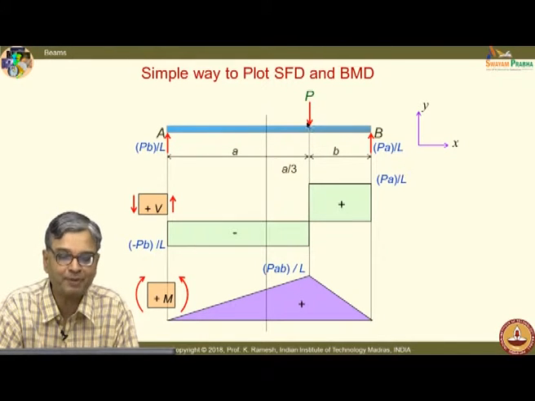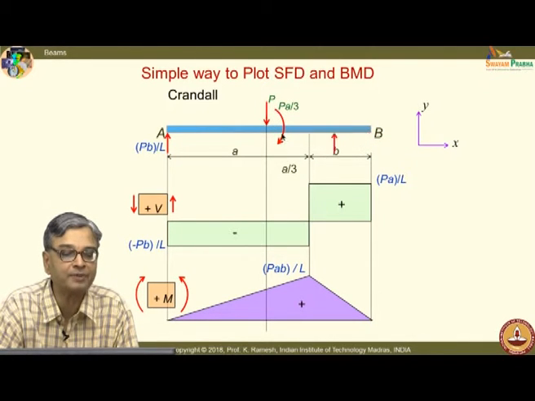Okay. Now, let me translate this force. So, I am translating this force. I cannot simply translate this force. I should also have a couple, that is Pa by 3. Mind you that these are all acting at this point. For clarity, I have put them on this. Do not take it that this is acting at a distance.